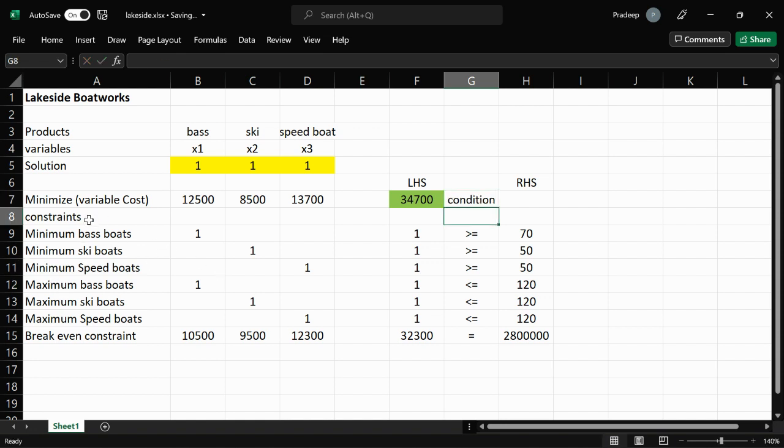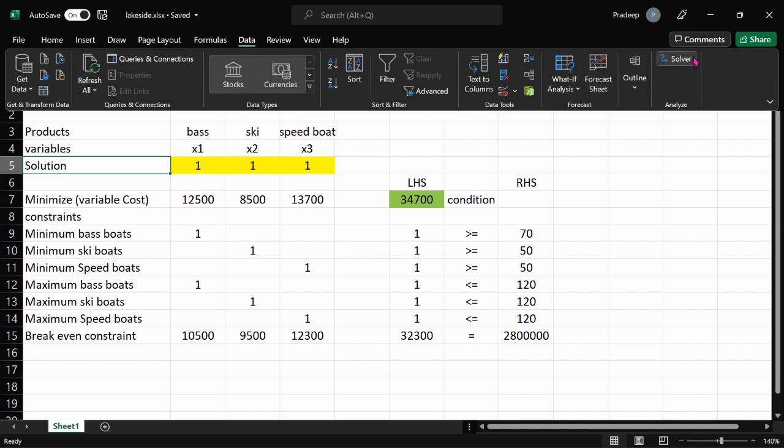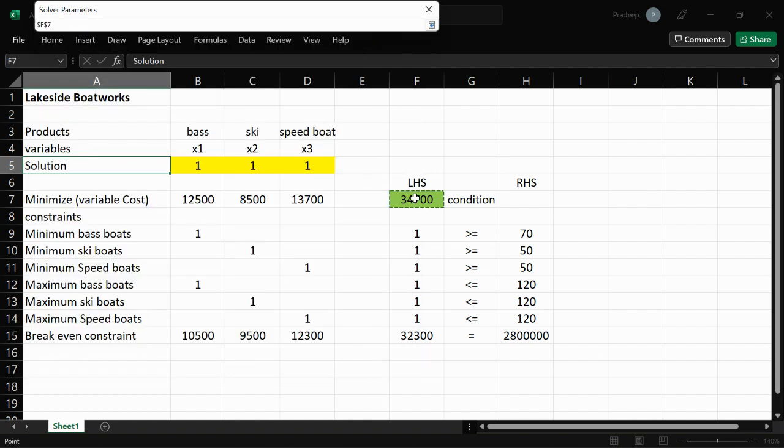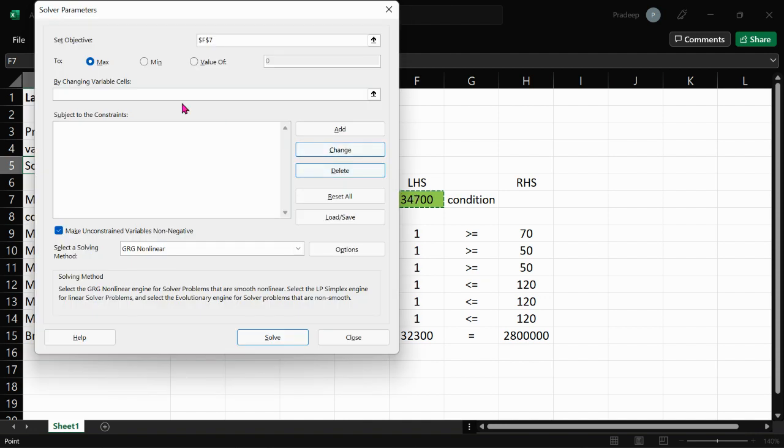So now let me go for solving it. I save this file. Go to the data menu and then say Solver, then objective. Here I'm selecting this green box, enter. Then minimum, I want to select minimization by changing cells.